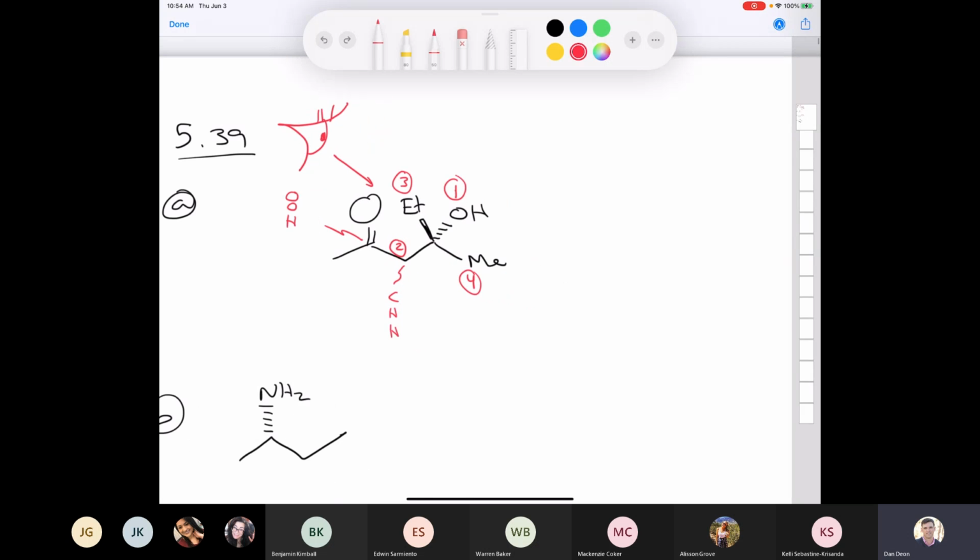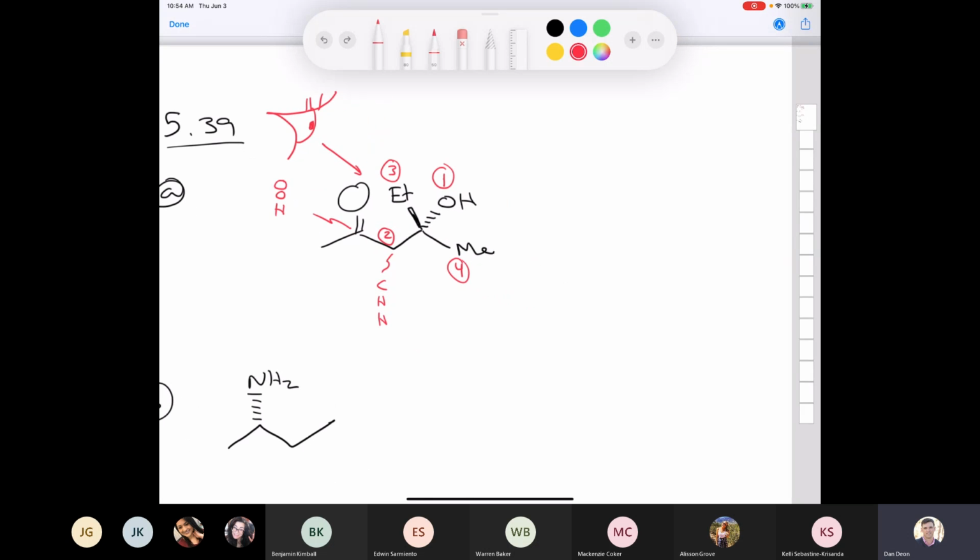If you were to look down the bond, the way that it's written, what you would see is you would have your ethyl group over here. You'd have the hydroxyl group over here. The methyl group is in the back, so there's nothing but protons coming out in the back there. And then here you'd have the CH2, and then you'd have the carbonyl like this, okay?